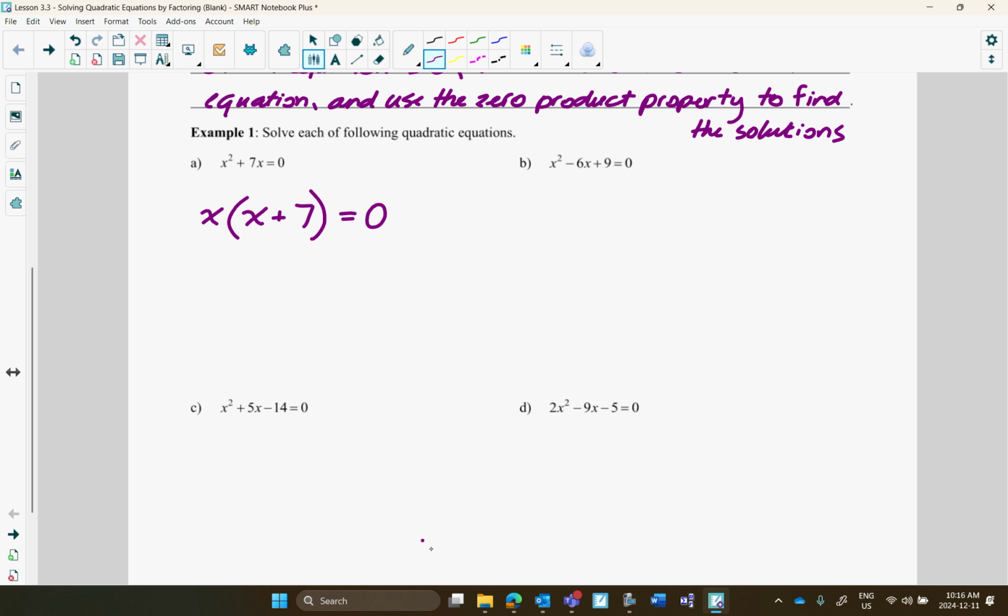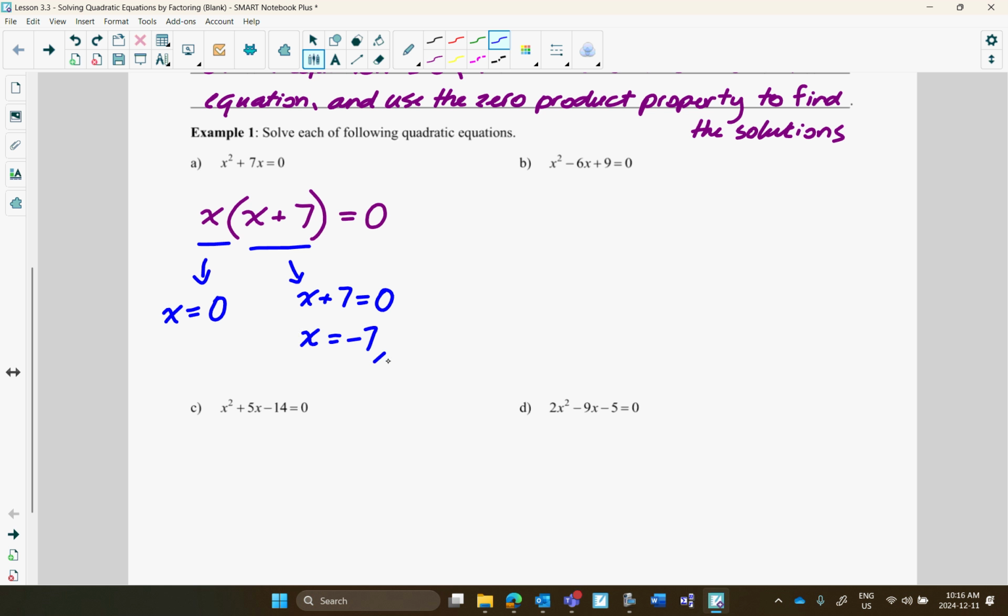Now these are the factors. Make each one equal to zero. Well, this is easy. X equals 0. Make this one equal to 0. X plus 7 equals 0, therefore x is equal to -7.